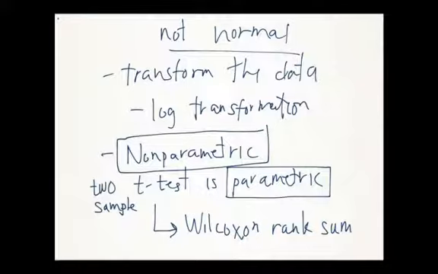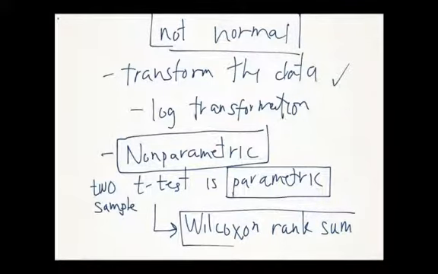But if the assumption of normality doesn't hold, and transforming the data doesn't seem to work out for you to give you normal data, then you can move on to a non-parametric test, which is, again, less powerful to detect differences, but it doesn't make that normality assumption. So that is called a Wilcoxon rank sum test. Again, we'll talk more about this in a future session.